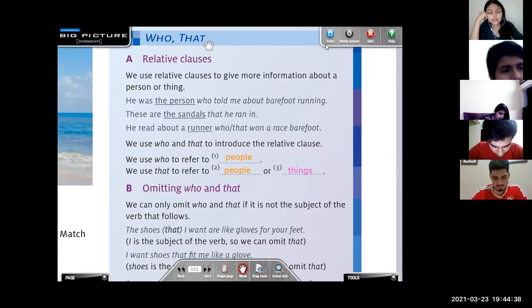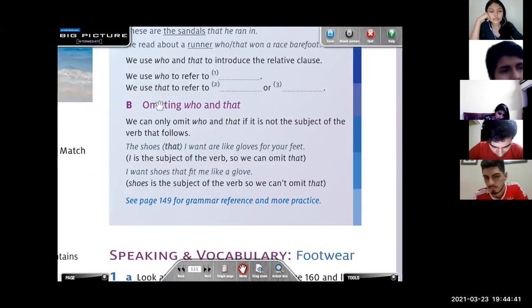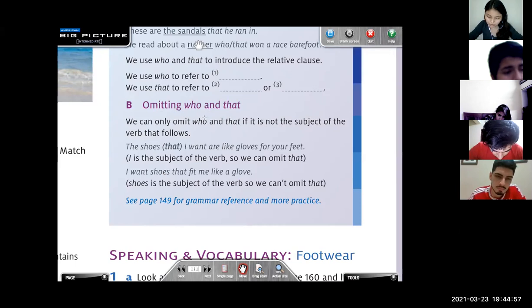Let's go to the next part. It says, omitting who or that. We can only omit who or that if it is not the subject of the verb that follows. Okay? Entonces, podemos omitir who y that si no es el sujeto del verbo que sigue. For example, here: the shoes that I want are like gloves for your feet.